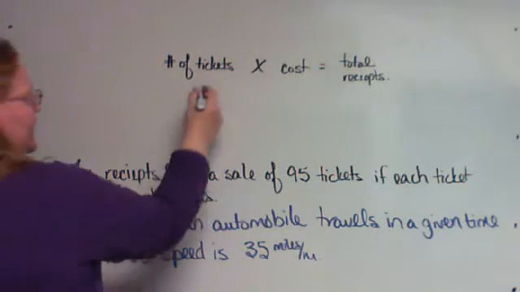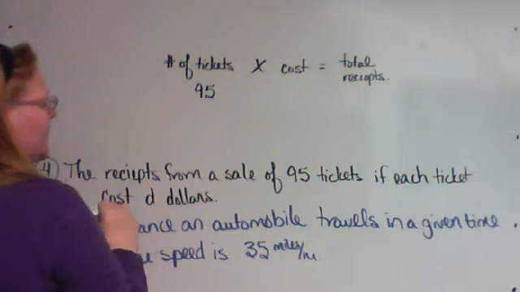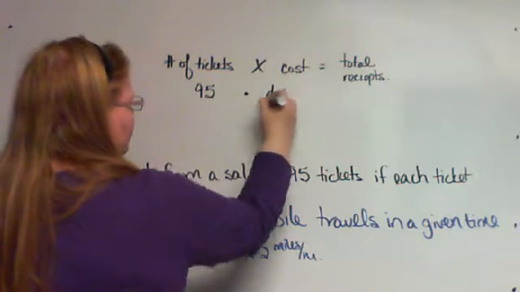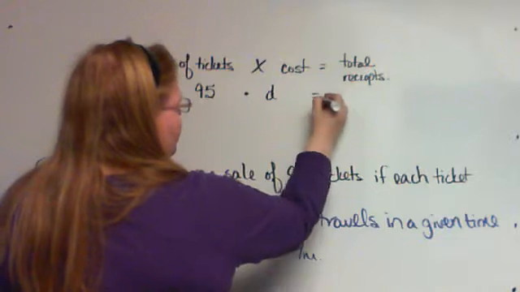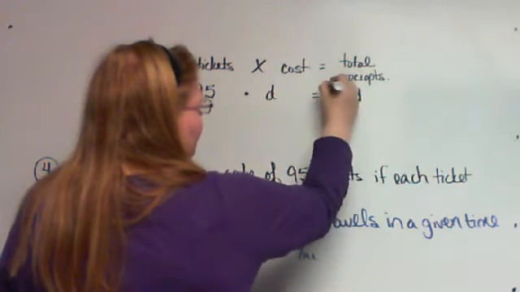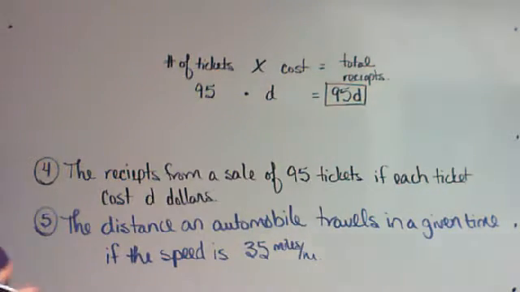So we had 95 tickets. Our cost, they said, was $D for each ticket. So our total receipts should be 95D, because that's what I get when I multiply them together.